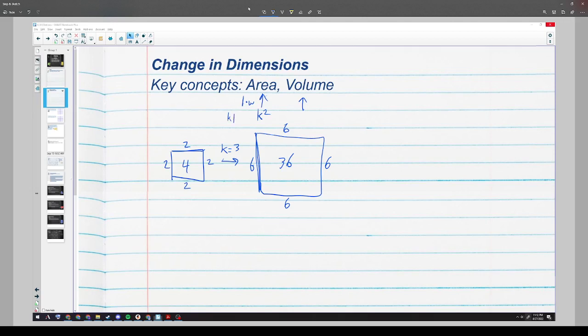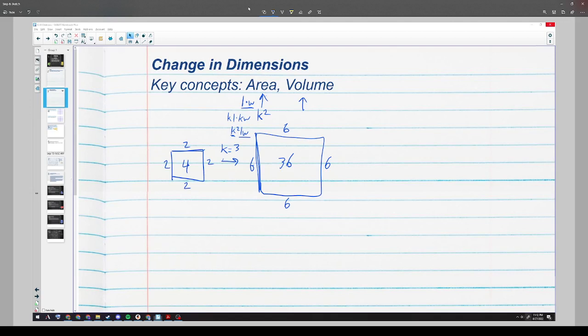So we get kL times kW. If we group the k's together, that would be k squared LW. So our relationship between the original area and the new one, we need a k squared in there to take care of it. So even if we don't have the side lengths, we know that the ratio or the effect on the area is always going to be the square of k, not just k itself.